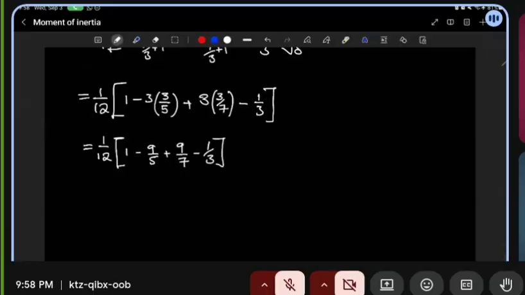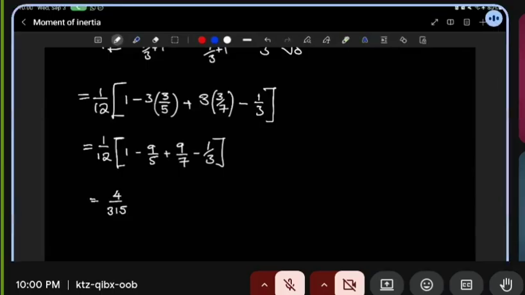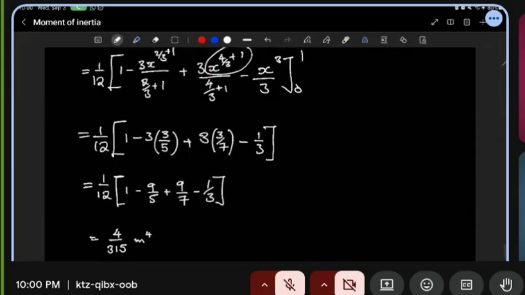So we can simplify this to see what we're going to get there. Can you guys simplify? What are we going to get here? So the first part has reduced to 4 over 315. Of course, the same unit, so take this as a meter, so this will be meter to the power 4.